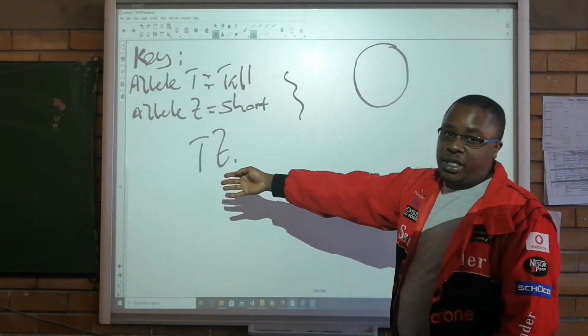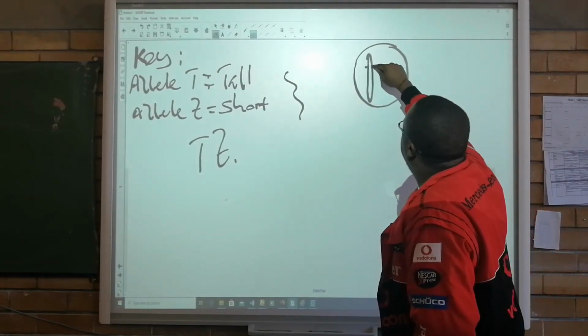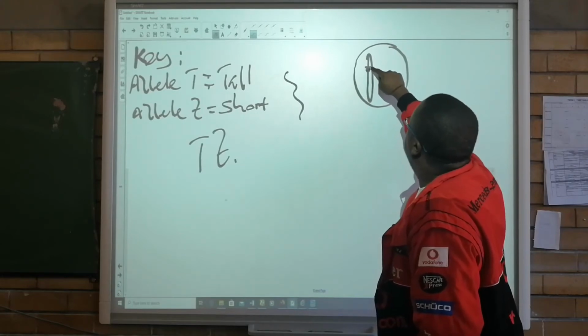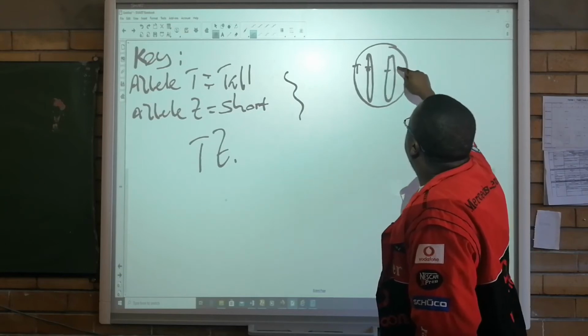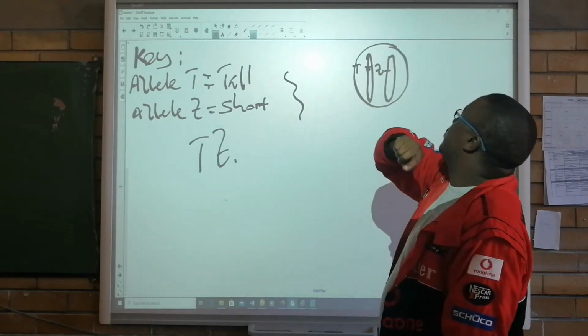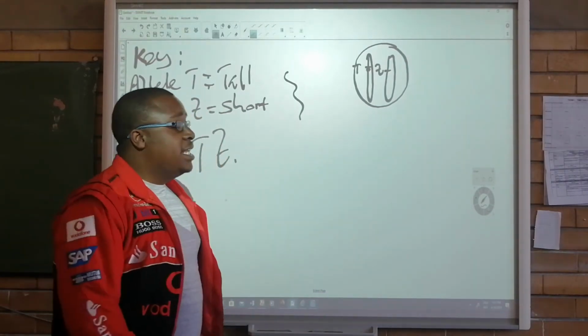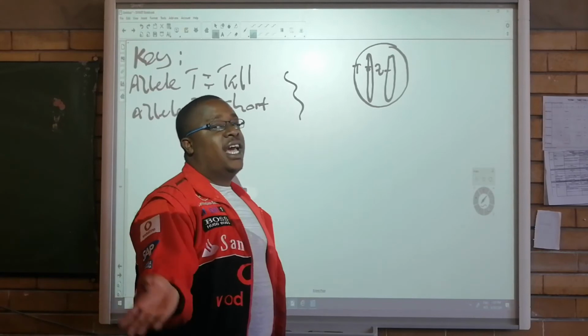Remember, we're only focusing on that gene pair. So let's just say that this is, make it big here to show its dominance, and then this is the recessive. And then it's going to undergo what? It's going to undergo DNA replication.